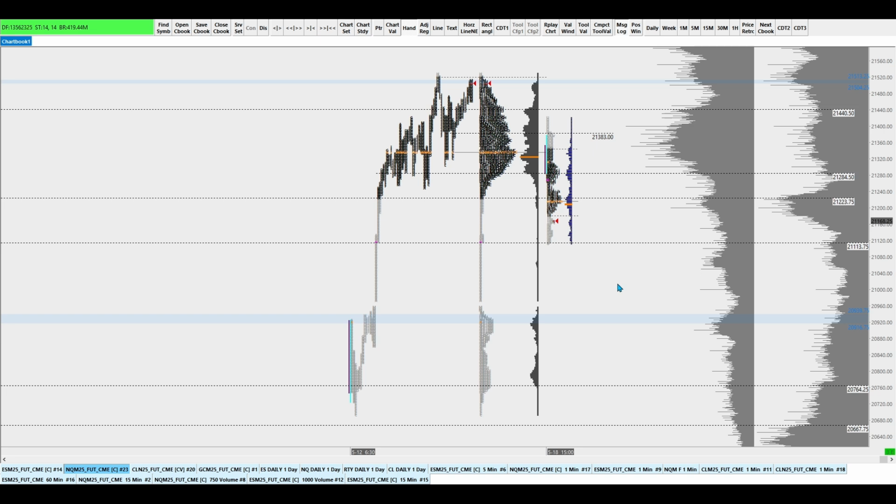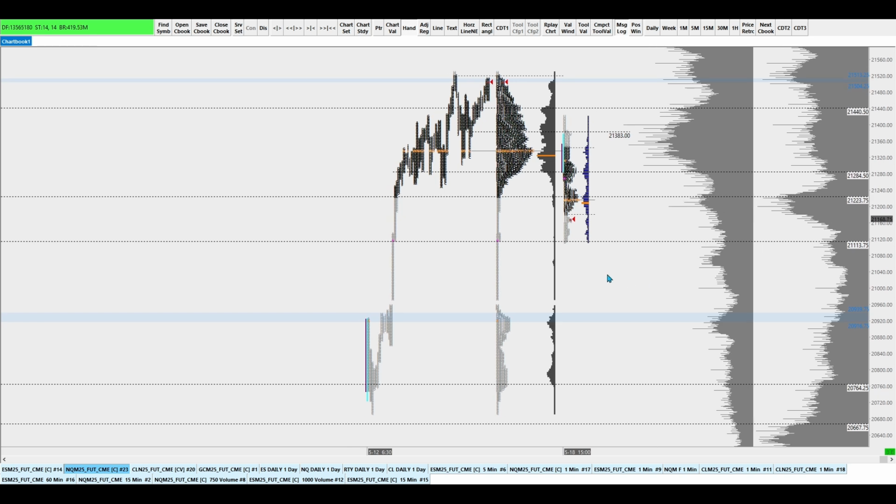But for those that have been following me on Twitter and in Discord, I've laid out my macro ideas and the bigger picture. Like, where's risk going to go, right? Where are we going to be risk off? And I still stand by that. I know I said risk off, short gold.